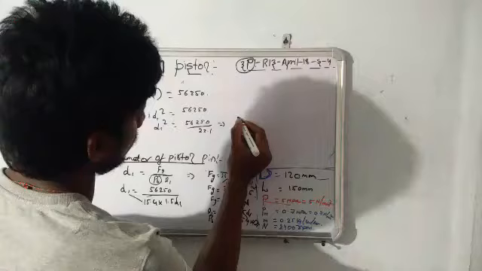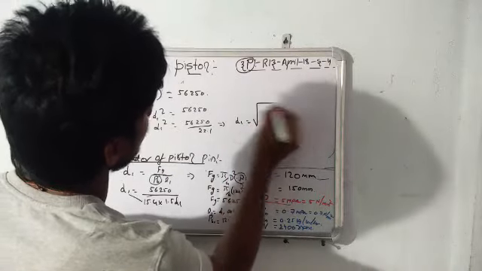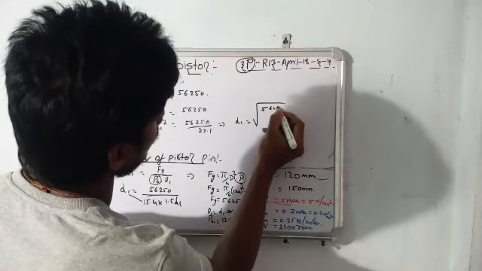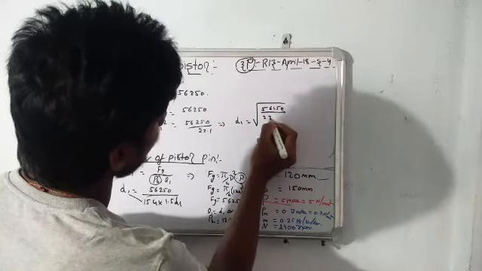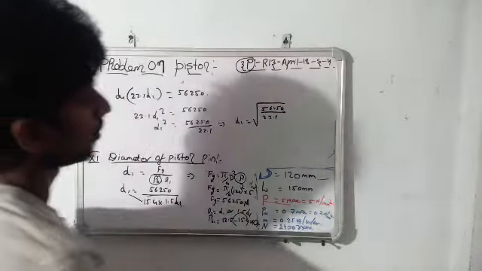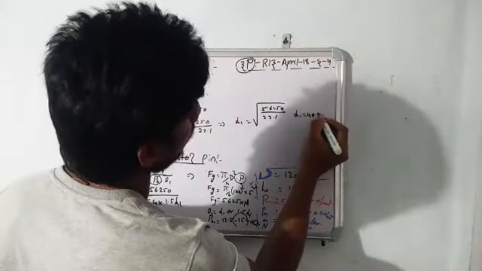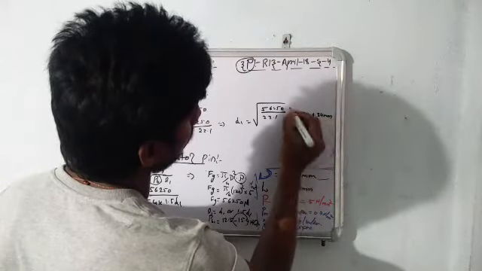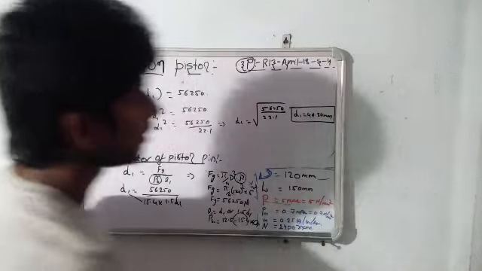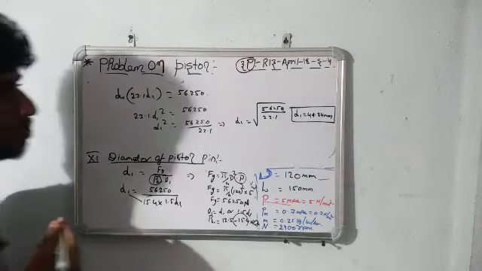Finally, D1 equal to root of 56250 divided by 23.1. By simplifying this, we get D1 equal to 49.34 mm. So this is the diameter of the piston pin.